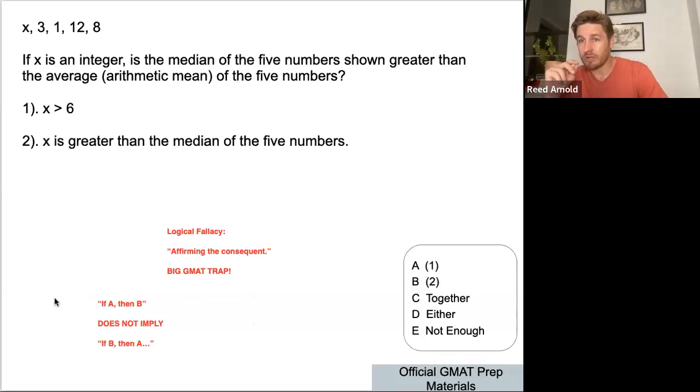And both of these questions invite the opportunity to step in this bear trap and assume the reverse from pretty commonly tested rules and numbers.